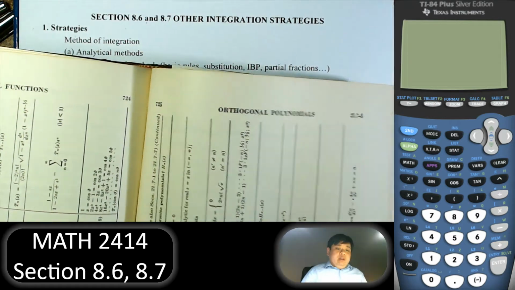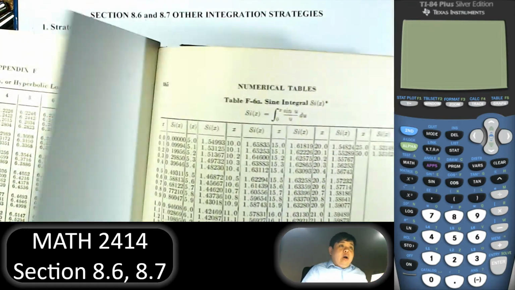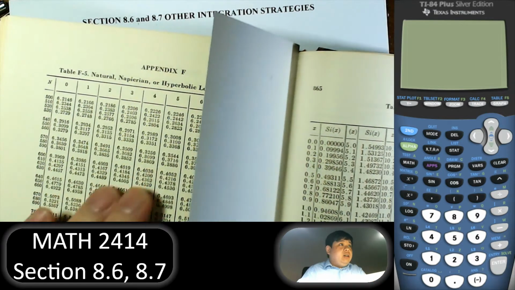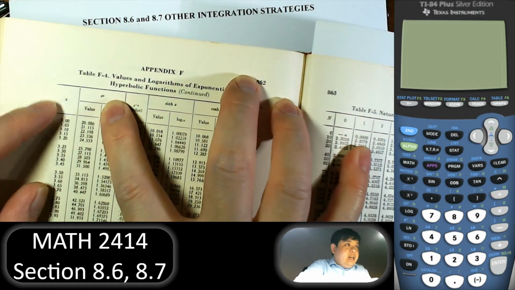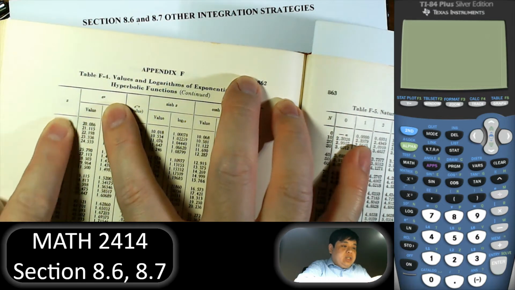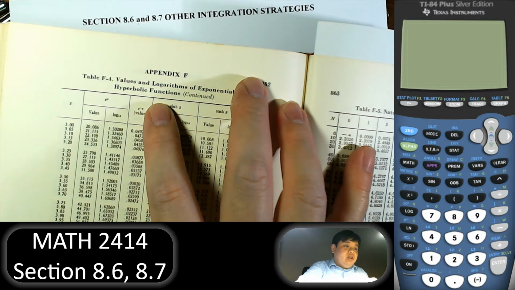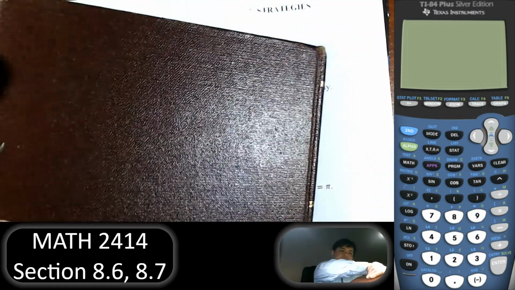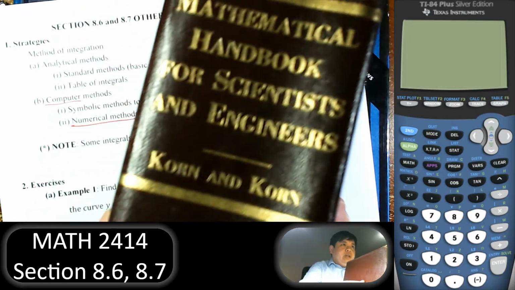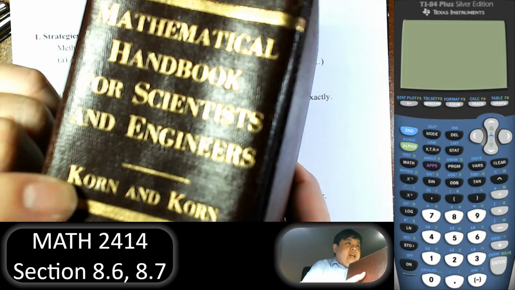Right, so before the handheld calculator, when we're trying to find the trig values or exponential function or log, we just go look at the table. For example, e to the x, and then if we want e to the third power, we just go and look it up on a table like this. Same thing for trig function. And the kind of book that we use is usually called the handbook, and actually a very, very heavy one. Handbook for scientists and engineering.